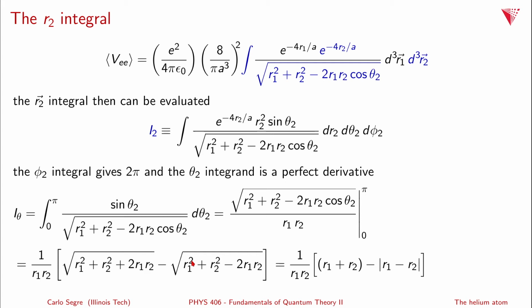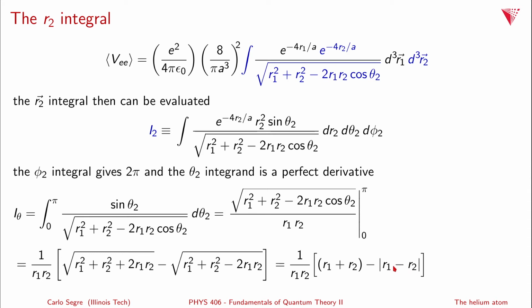And when we take the square root of that, we have to make sure we keep things in the right order. So we'll write this down as the square root gives us the absolute value of r1 minus r2. So the order here will depend on which one is bigger.